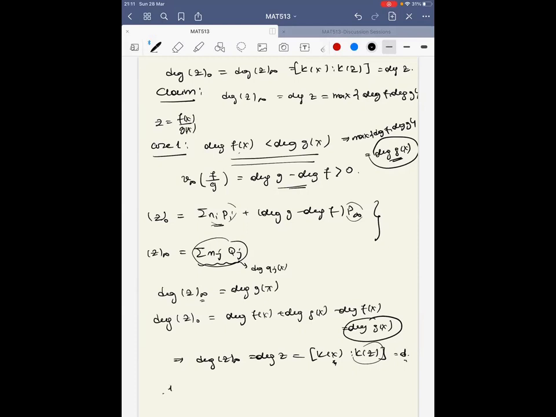And to write it, we know that we represent z as f over g, and so that means we can write 1 over z as g over f, as the degree of f is strictly less than the degree of g.